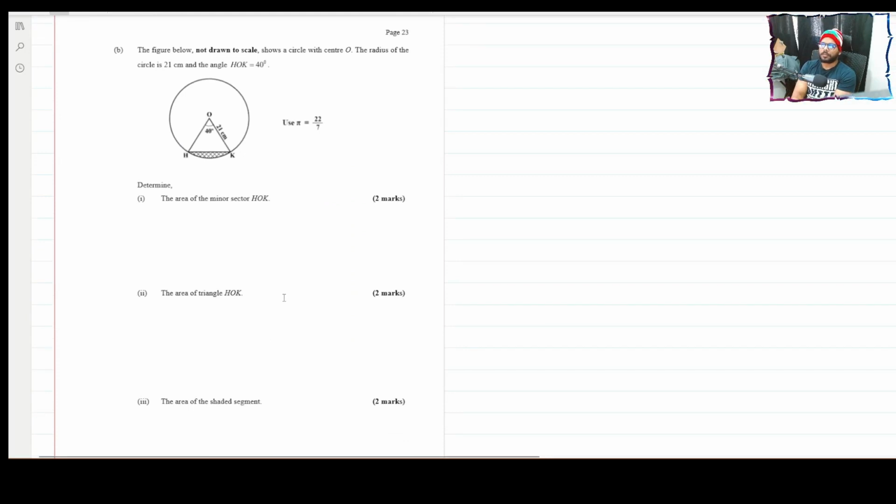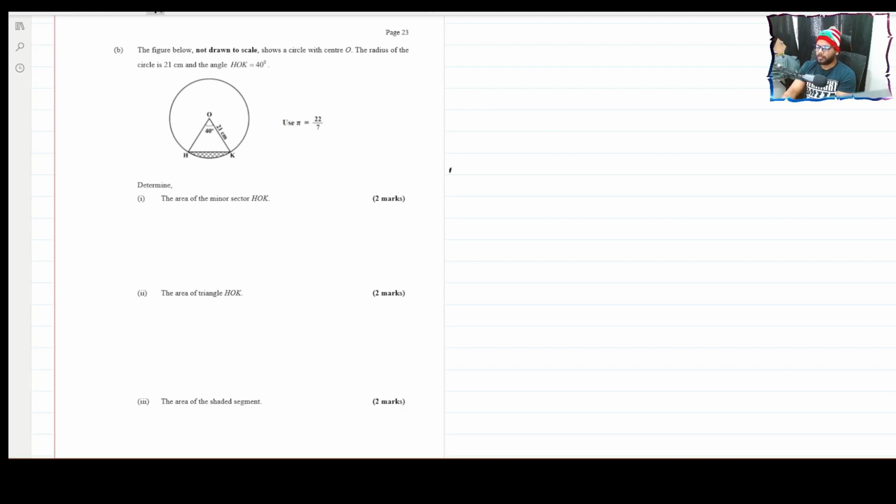Part B. The figure below, not drawn to scale, shows a circle with center O. The radius of the circle is 21 centimeters and the angle HOK is 40 degrees. In this case, as opposed to the question way back when, use pi is equal to 22 over 7. The area of the minor sector HOK.